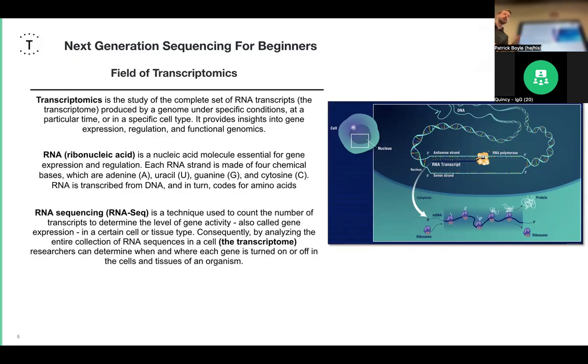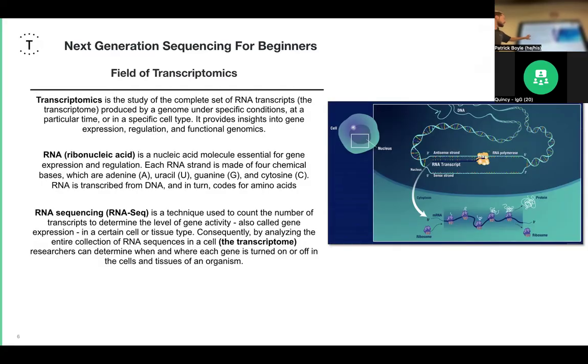Looking at the RNA, you can virtually make a direct correlation: if there's a lot of RNA being transcribed for gene X, there's probably a lot of protein for gene X, or dysfunction of protein for gene X causing some condition, cancer, whatever.